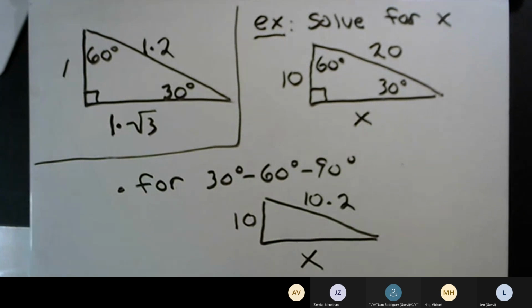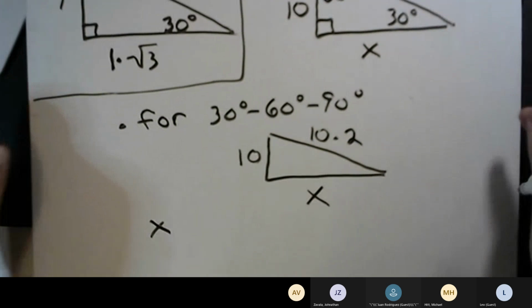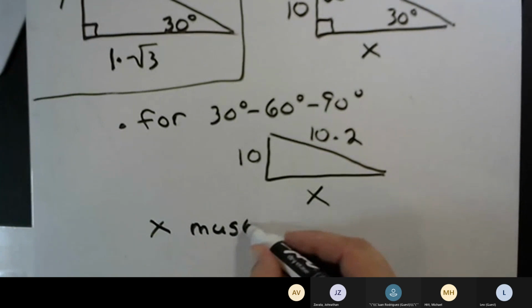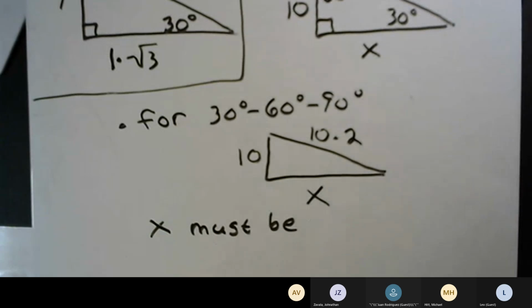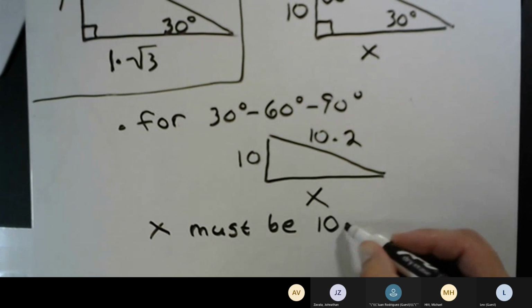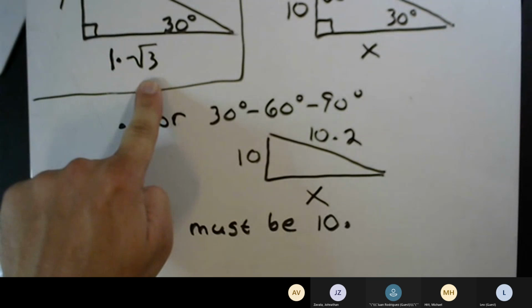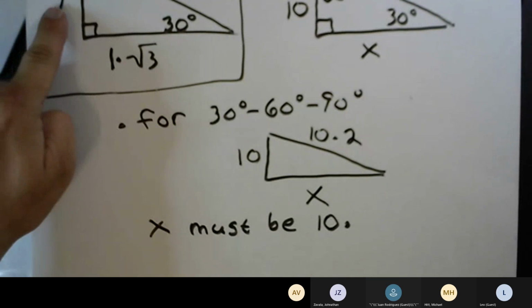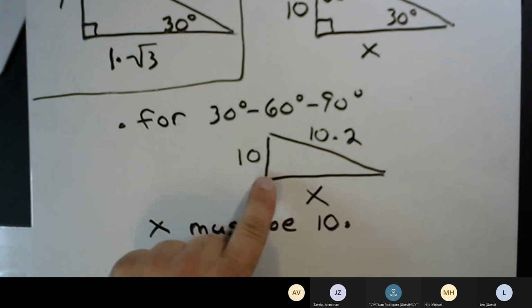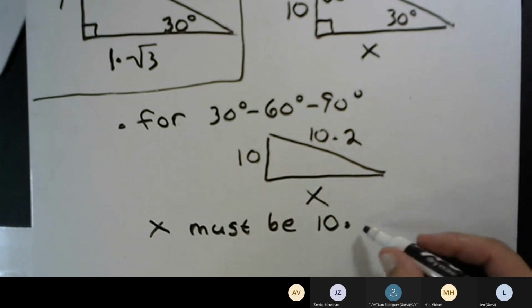And for 30, 60, 90, x must be this side times square root of 3. We have 1 square root 3. We're going to have 10 square root 3.